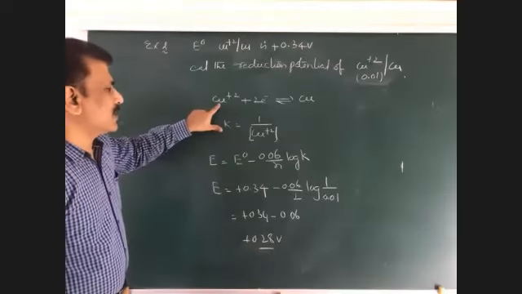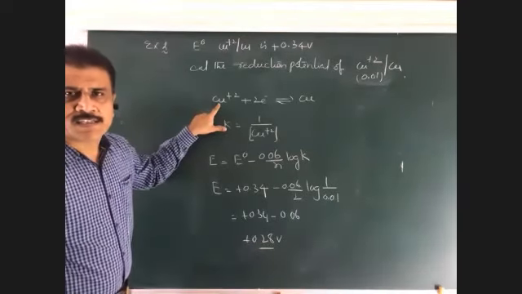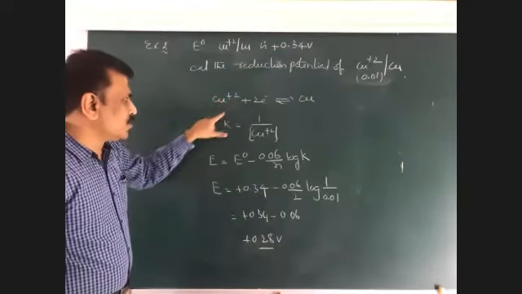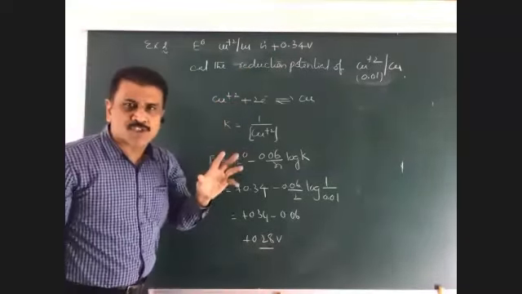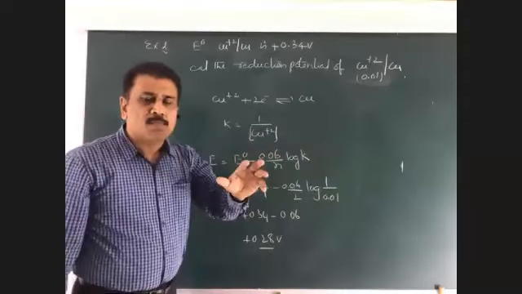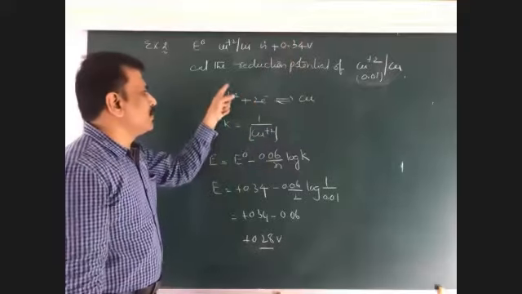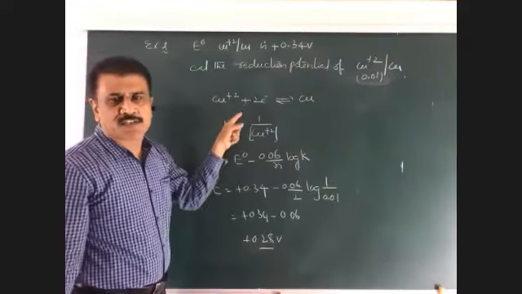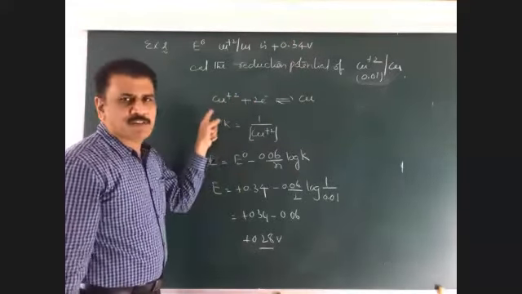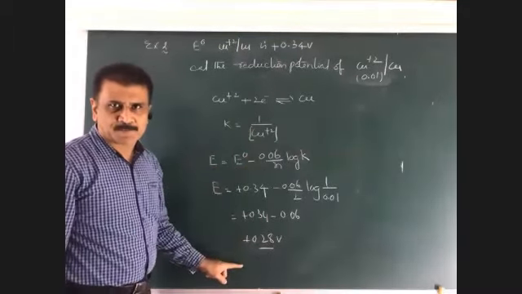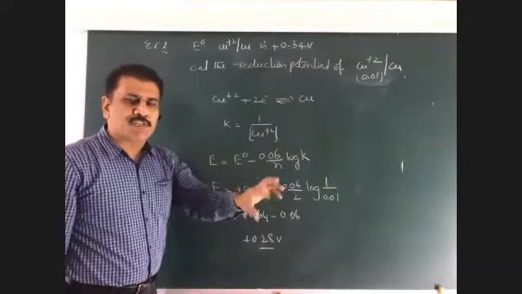Because the concentration of copper ion is less when compared to molar. So this is consuming. Therefore, a substance which consumes should be taken more. More means with what comparison with 1 molar? So it should be greater than 1 molar to increase the reduction potential. If it is less than 1 molar, the reduction potential is decreasing. But if it is oxidation potential, it increases.